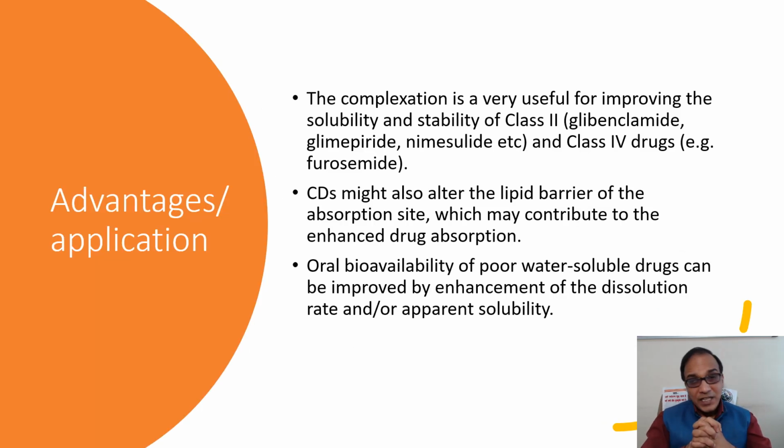So what are the advantages? Cyclodextrin complexation is a very useful technique for improving the solubility and stability of class 2 drugs like glibenclamide, glimepiride, limestide and class 4 drugs like furosemide and amphotericin B. Cyclodextrin might also alter the lipid barrier of the absorption site, which may contribute to enhanced drug absorption. Oral bioavailability of poorly water soluble drugs can be improved by enhancement of the dissolution rate and or apparent solubility.